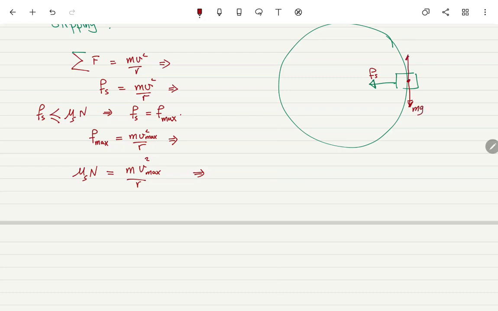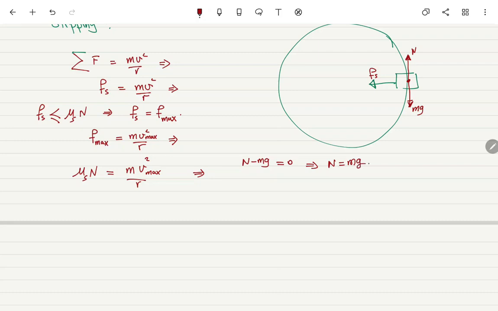And remember, this is the horizontal circular path. This is the normal. Now, the sum of all forces on y equals 0, or we can say the normal minus mg equals 0. In other words, the normal equals mg.